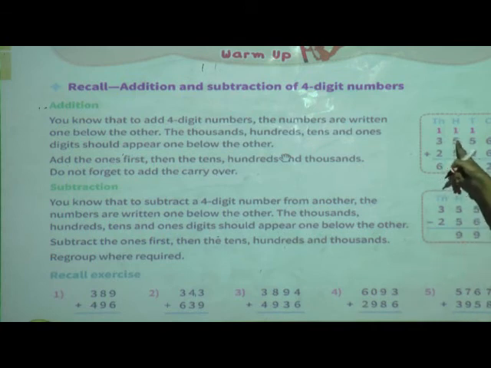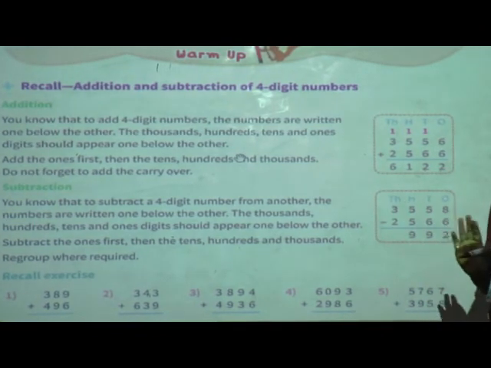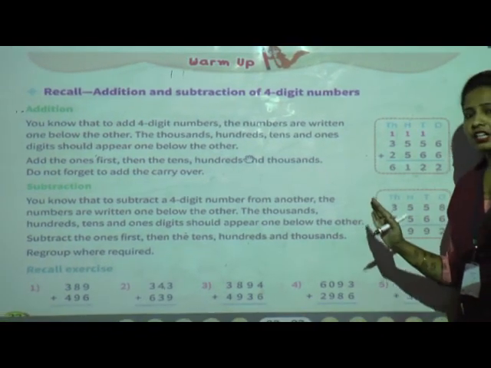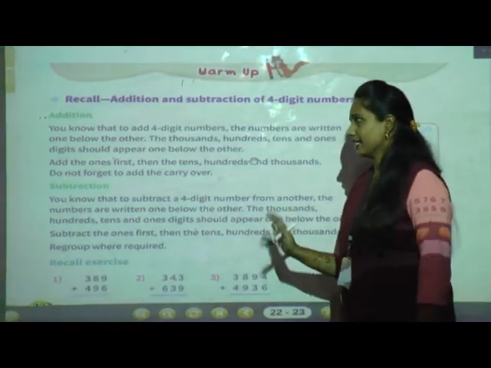So 1 plus 5, 6, 6 plus 5, 11. So 1 will be written in the hundreds place and the remaining 1 will go to the thousands place. Now when we add 1 plus 3, 4, 4 plus 2, it becomes 6. Okay, this you have studied fully in third standard, we are just revising it.